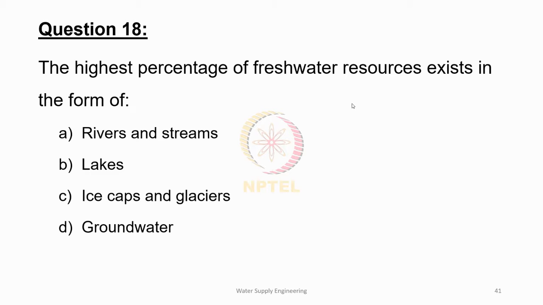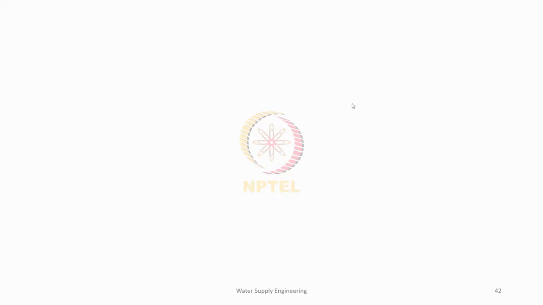Is it in the form of rivers or streams, or in the form of lakes or ice caps and glaciers, or is it in the form of groundwater? Okay, so we'll see what is the answer.